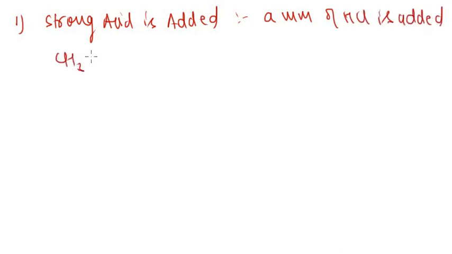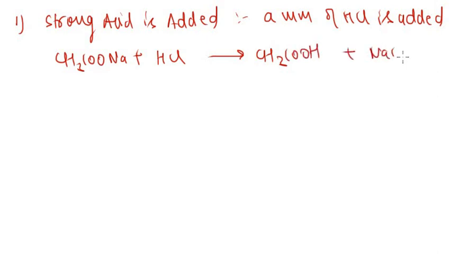It is CH3COONa plus HCl, a millimole of HCl, and then forming CH3COOH plus NaCl. Its concentration is C2, the other concentration is C1, and the millimoles we have added is A. Now it will be C2 minus A, and this will form C1 plus A.